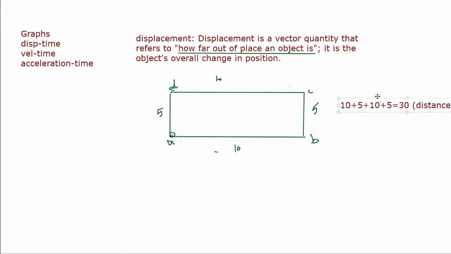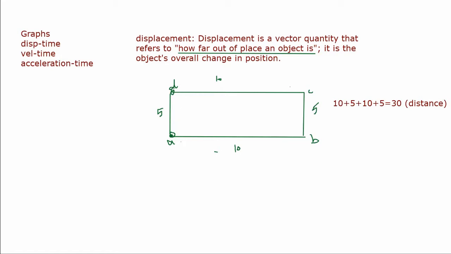The definition of displacement is how far out of place an object is. It started from this place and ended up at this place, so effectively it did not cover any distance. How far out means, if the person had stopped somewhere here at the final position, he would have covered a distance of 25 and a displacement of 5.